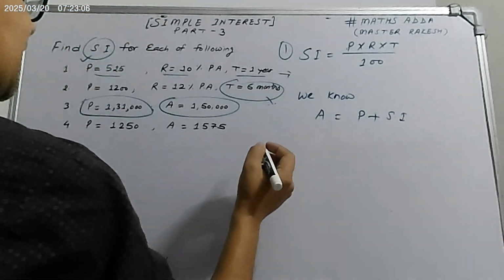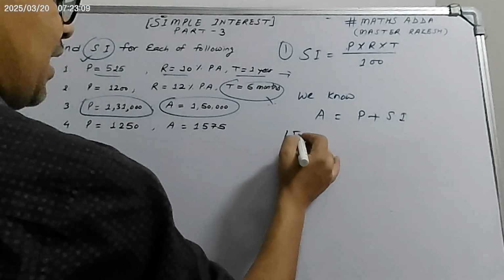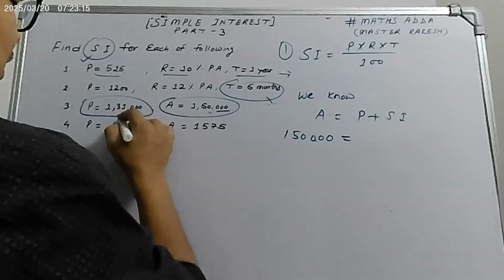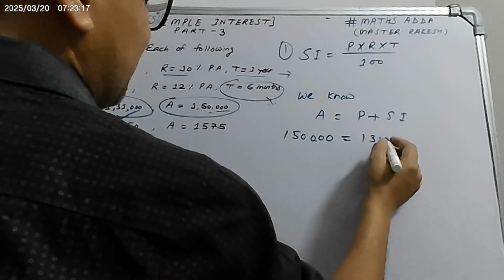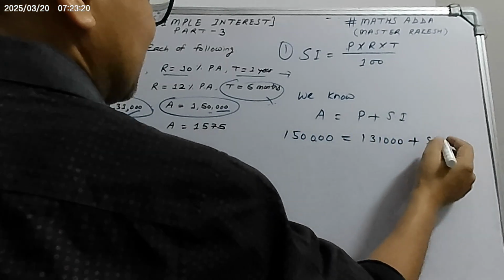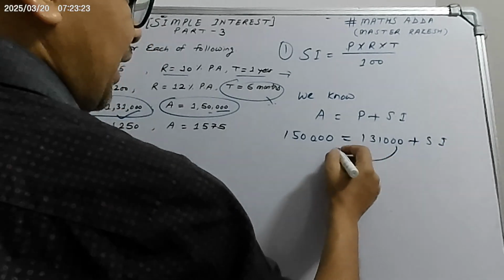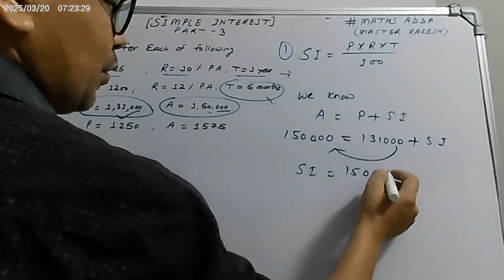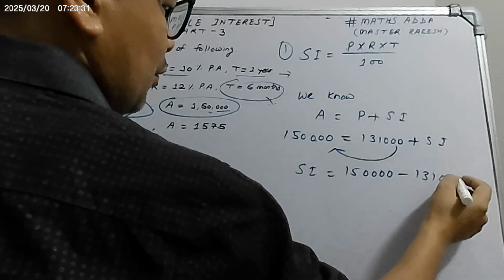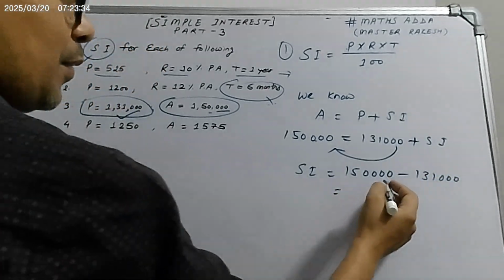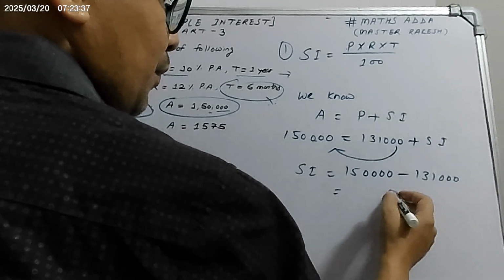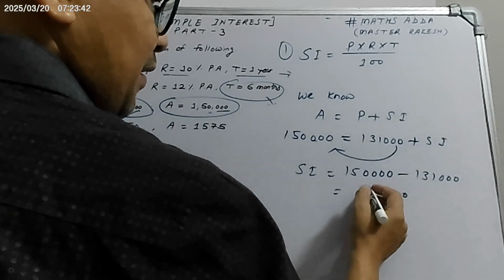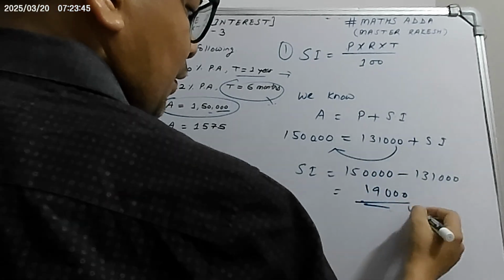Simple interest. The principal amount value is 1,50,000. Principal 1,31,000, 1 2 3, plus SI. So SI equal to, it will go here. 10 minus 1 is 9, 4 minus 3 is 1, 19,000.